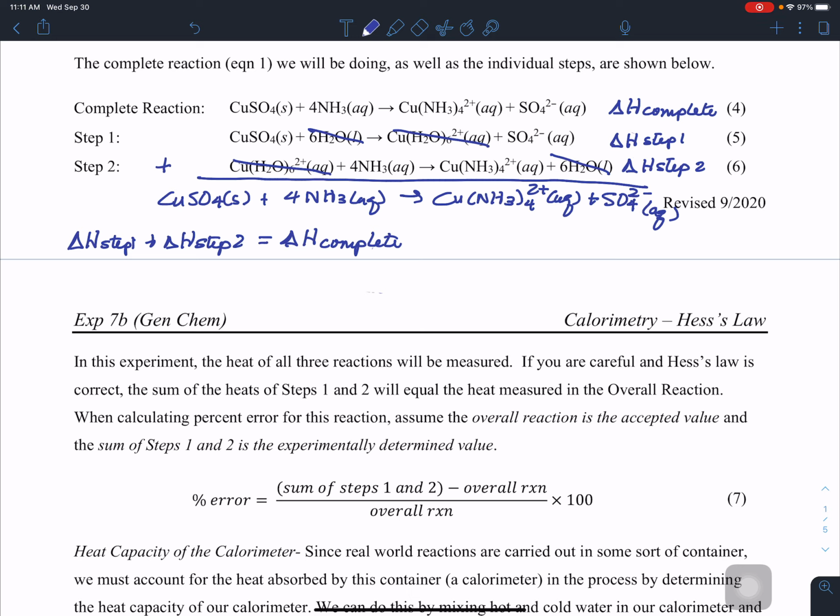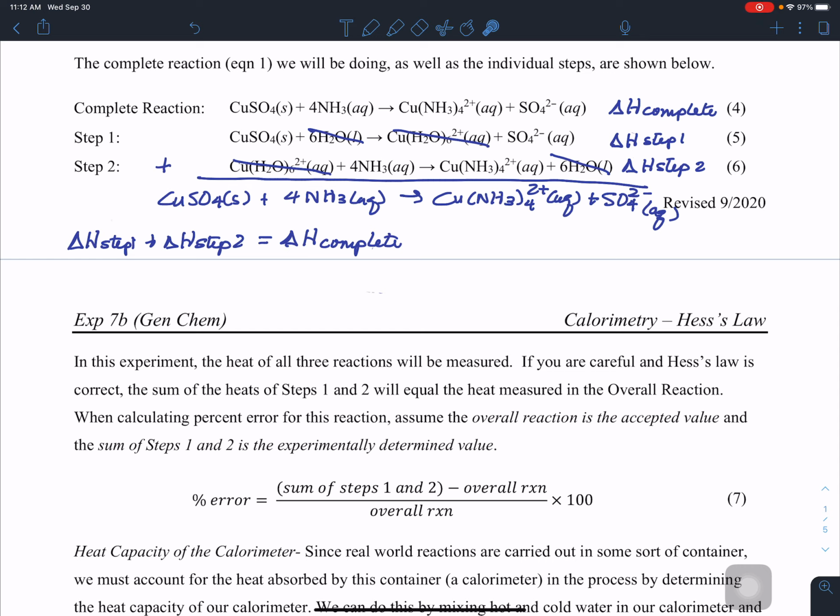Now, this is, of course, an actual experiment done with some rather simple supplies, and so it's not going to come out perfect. So what we're going to do is look at the percent error here. If we're super careful and Hess's law is true, then this will also be true.